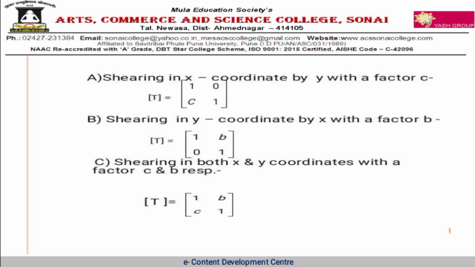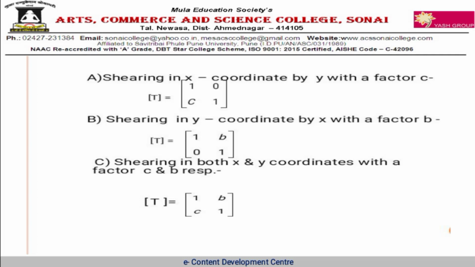First is shearing in x coordinate by y with a factor C. For that, we have the transformation matrix T equal to 1 0 C 1. This is the shearing matrix.